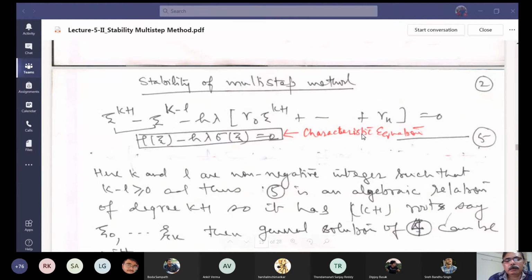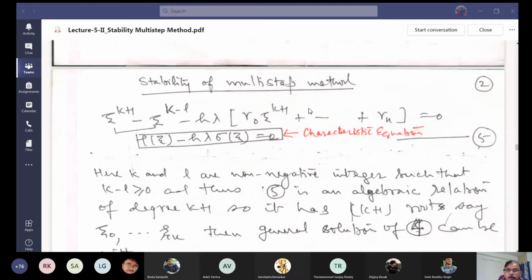This is what we have got, the characteristic equation. K minus L is greater than 0, and so what is this? This characteristic equation is a polynomial of degree K plus 1. So it will have K plus 1 roots.